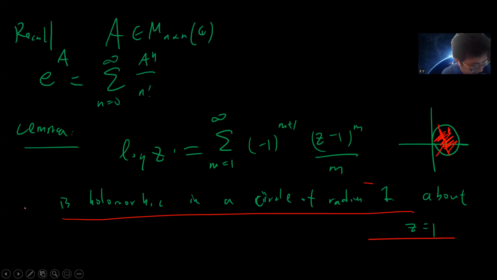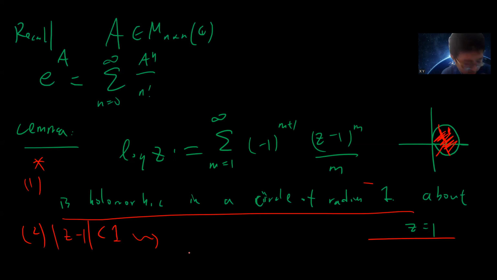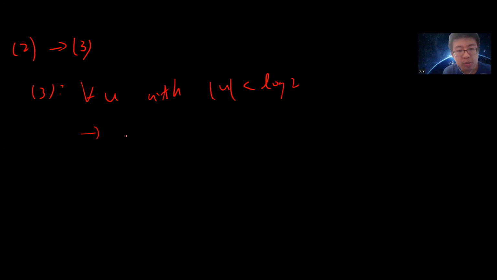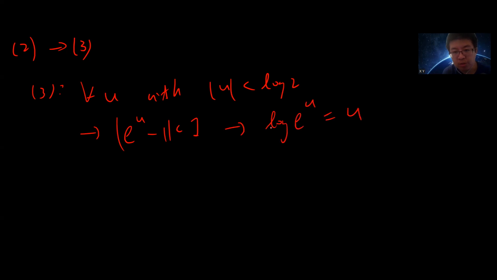The second statement is that in this region, for absolute value of z minus 1 less than 1, we always have exponential of log z equals z, where z is a complex number. The third can be derived from this: for u with absolute value of u less than log 2, which means that absolute value of e to the u minus 1 is less than 1, we always have log of e to the u equals u.